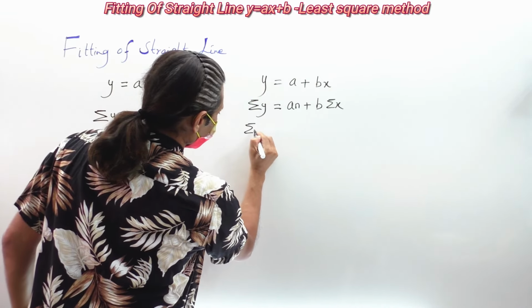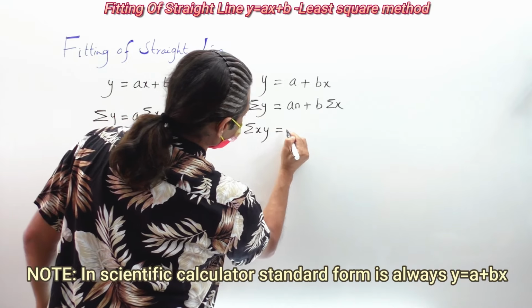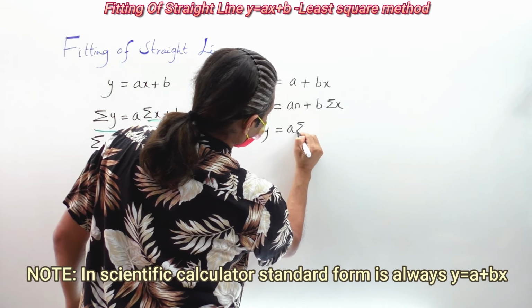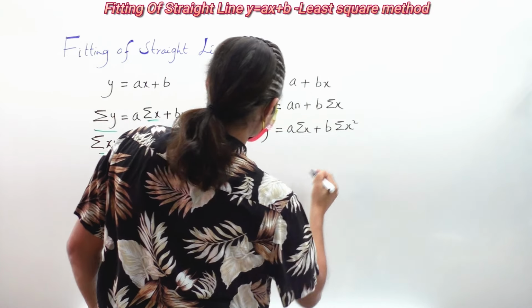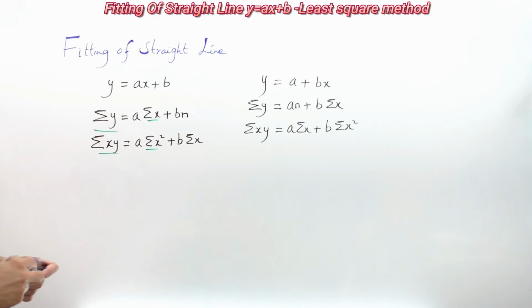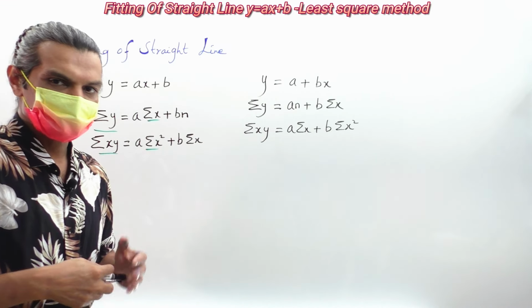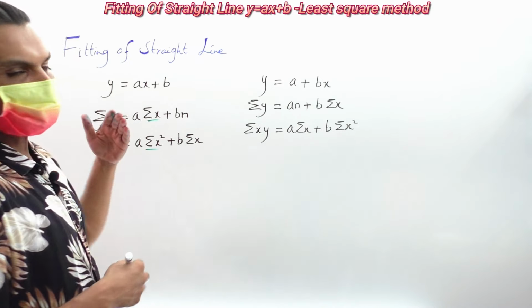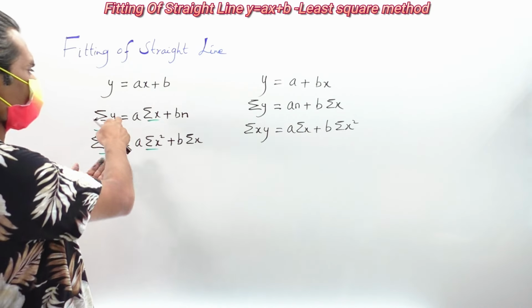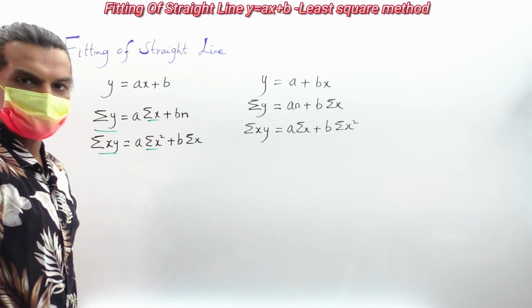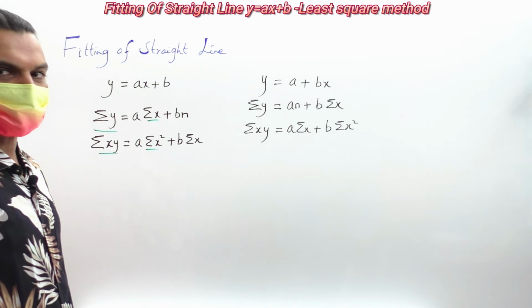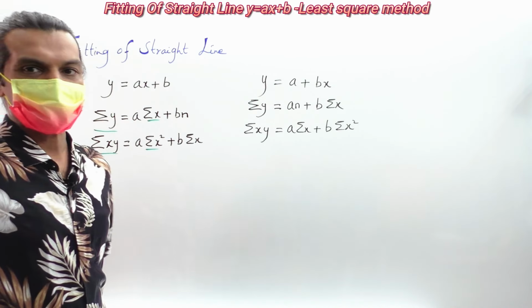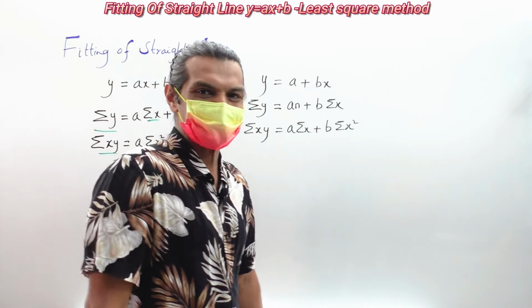So sigma x into y equals, n goes to become a sigma x plus b, x into x is sigma x square. That's it. So same things. They'll give the problem with all the x and y values. You tabulate to find all this sigma x, sigma y, sigma x square, and so on. Then you get simultaneous equations like this, solve them, you get the values of a and b, put them here, and you get the fitting for the straight line. That's it, as simple as that.